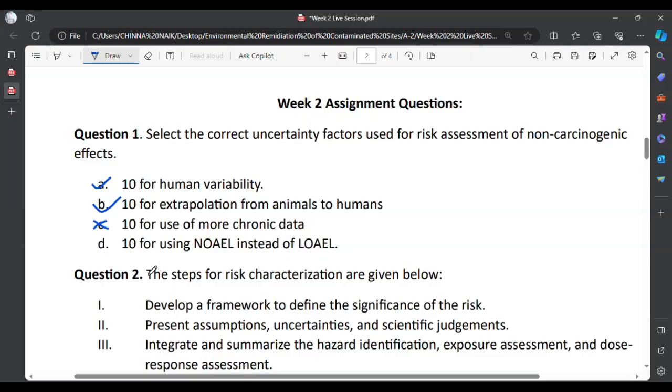Option D, used for NOEL instead of LOAEL: again, actually 10 is used for using LOEL instead of NOEL, so option D is false. So both correct statements are A and B.